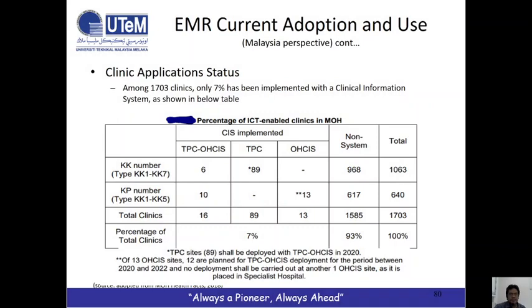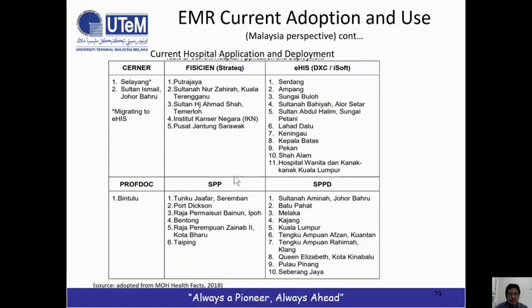So, clinic application status. Yes, there is progress, and they are trying to implement. They call it TPC OCHIS. This is different from the hospital information system, which is a very big system.